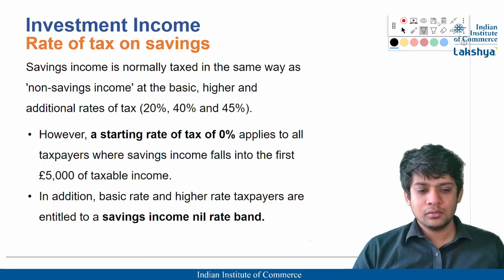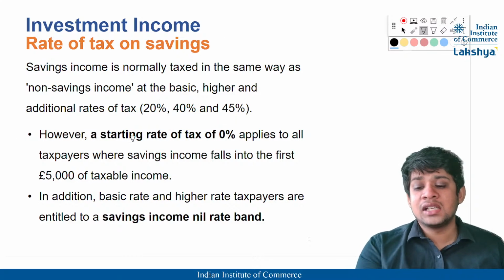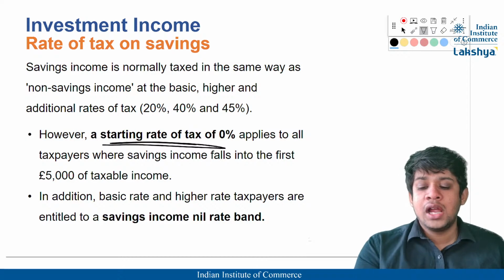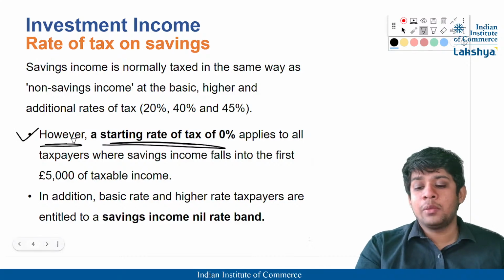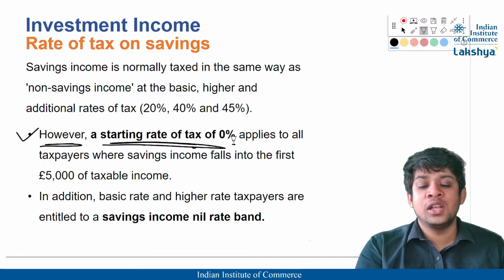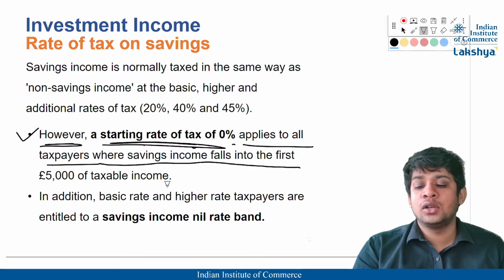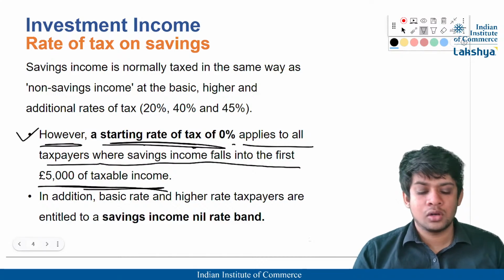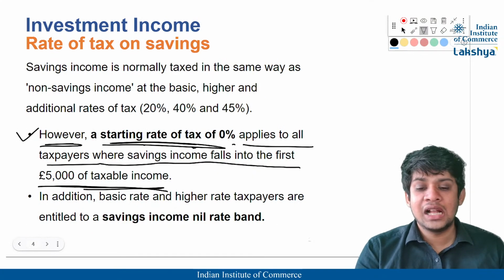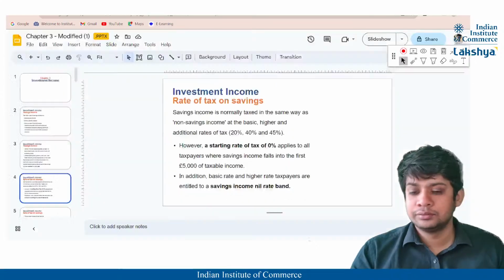So technically there is a starting rate, and there are also advantages available for savings income. However, a starting rate of tax of 0% applies to all taxpayers where savings income falls into the first 5,000 pounds of the taxable income. Okay, I'll just give you an example for it.